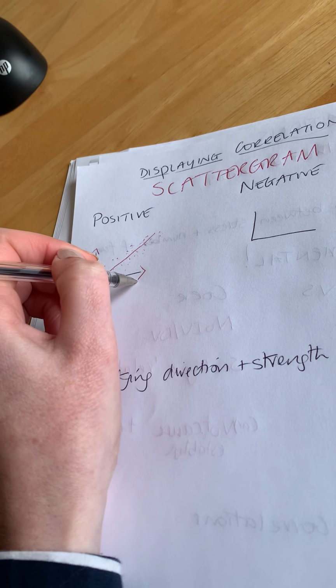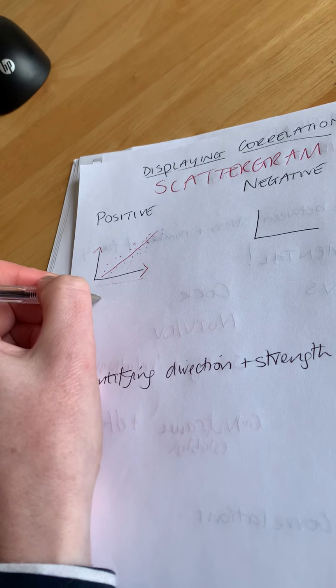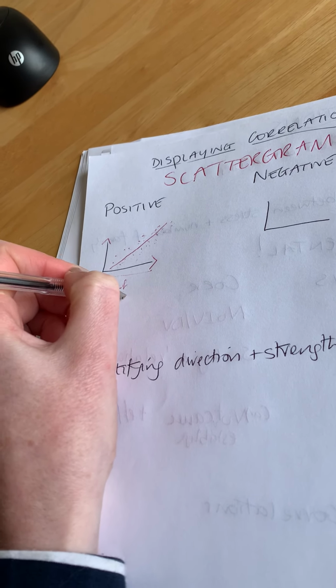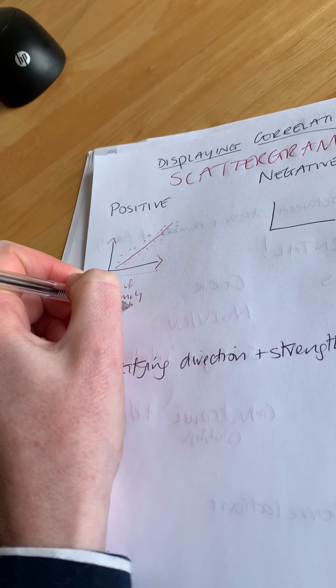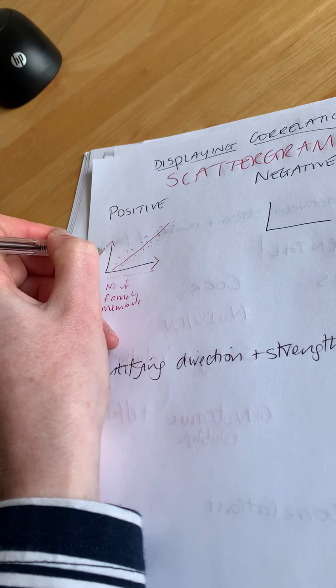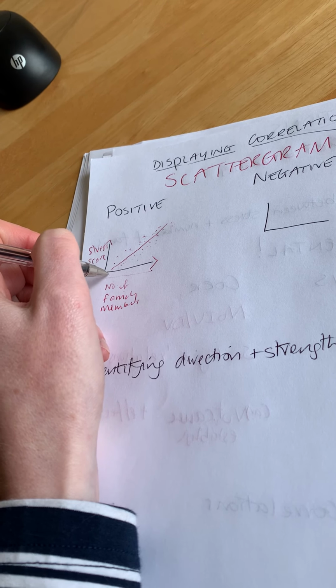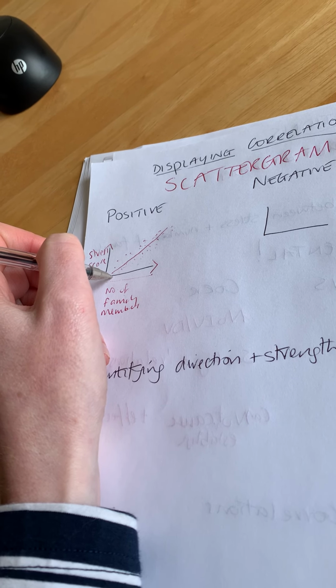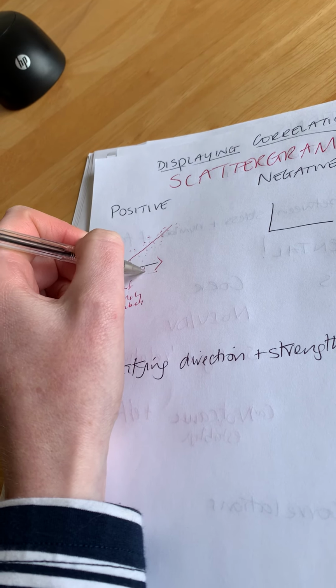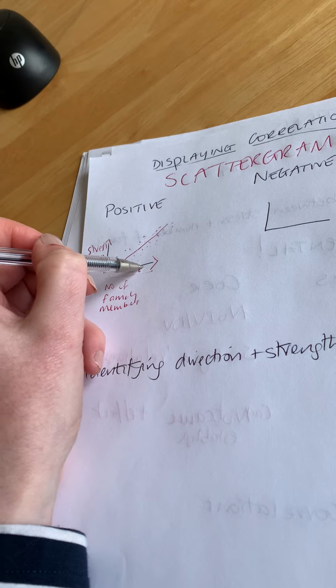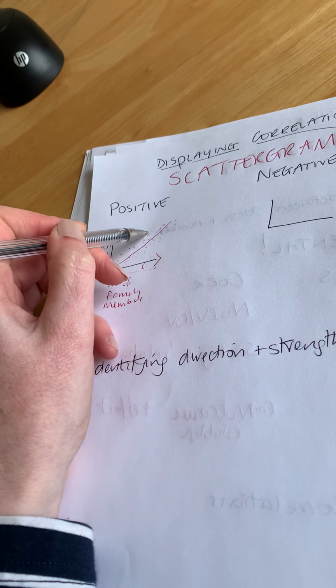Remember, as one variable is increasing, so let's say this is number of family members, and this here is stress score. So you would have participant 1 has 6 members in their family, and they also recorded a stress score of 40.